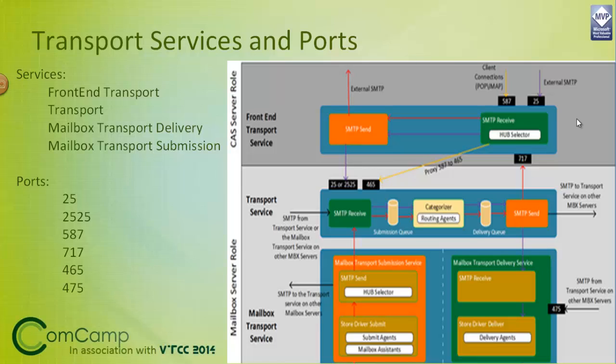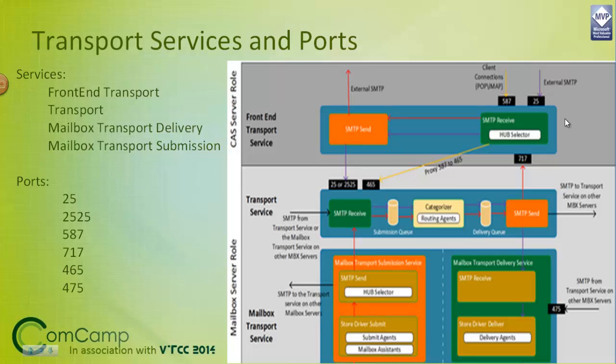Obviously, it runs all the rules, so you can say it filters the mail and does all the checks, all the agents, and then bypasses or transfers to the front-end or mailbox transport service.